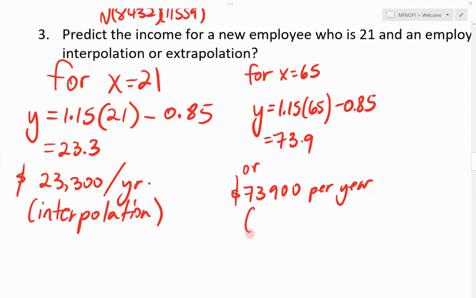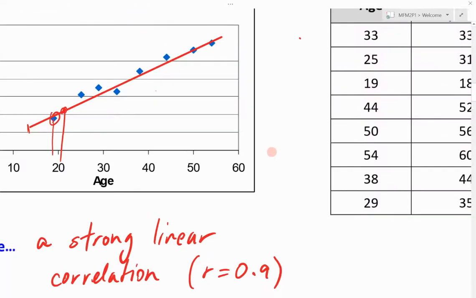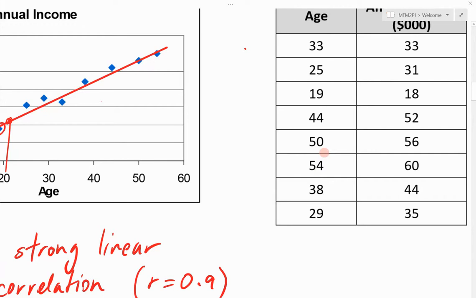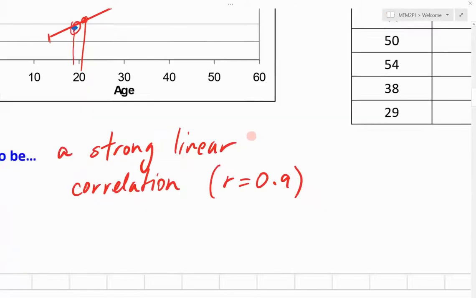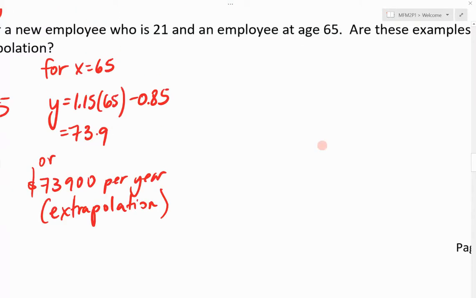And this would be an extrapolation. The reason why is because we have no data in our table for those age 65. It only goes up to 54. So anything outside this range of ages is going to be called an extrapolation. We're only guessing, trying to predict or estimate what that value would be.